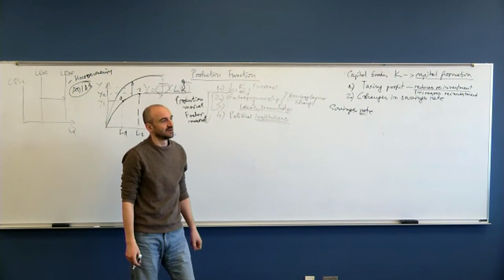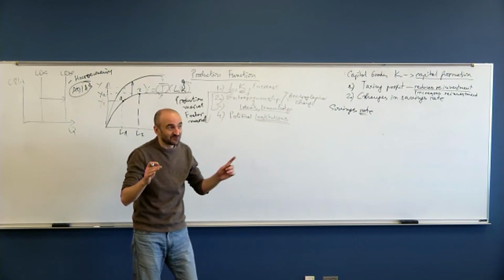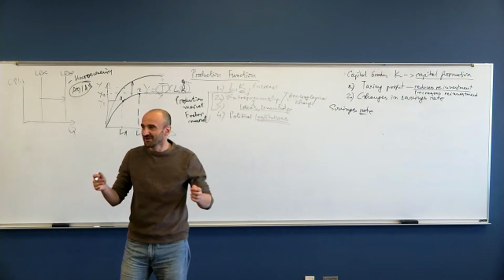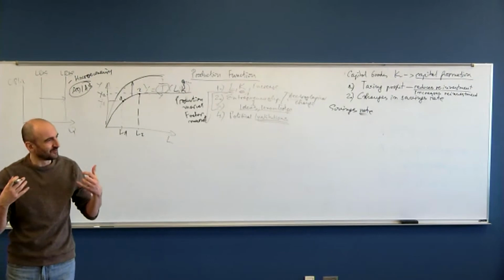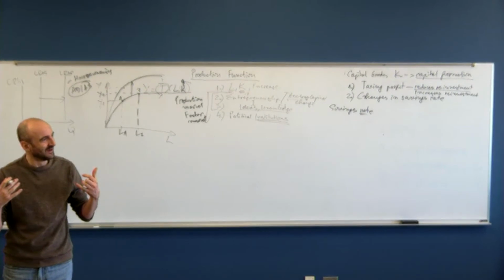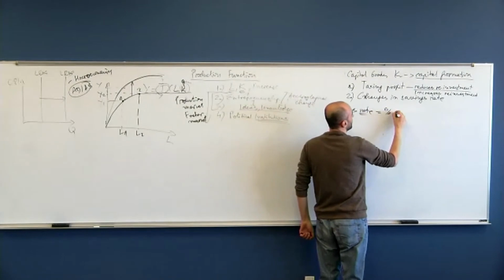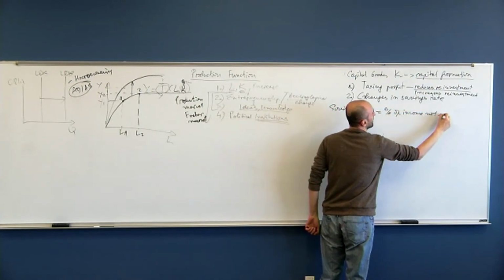Savings plus spending equals... We're talking about individuals. So when you add my own saving and my own spending, what do I get? Your income. Bingo. So the savings rate is the percentage of income not spent.